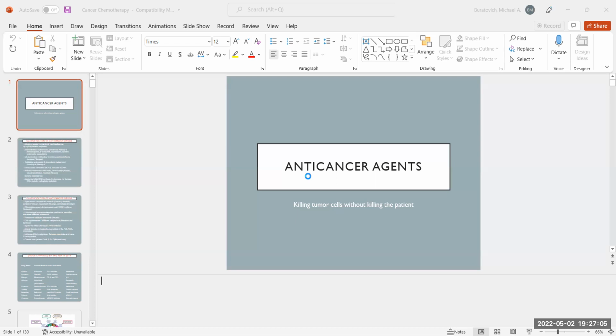So the alkylating agents cross-link DNA. They usually have two sites on the molecule that are able to bind DNA. One of the common targets is the nucleotide base guanine.